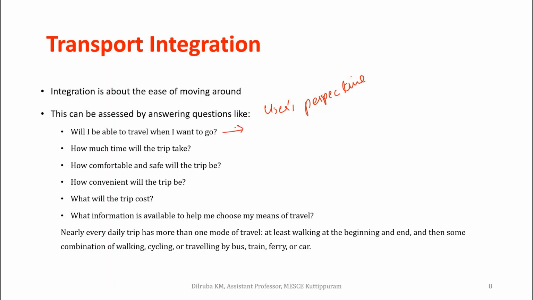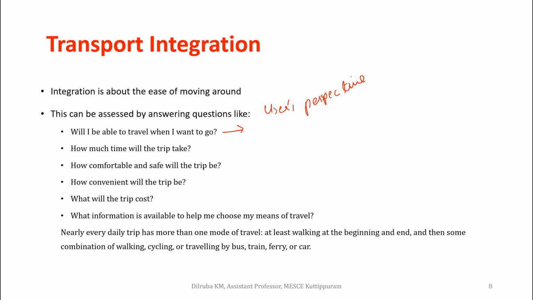So can we move when we need, and how much time will the trip take, how comfortable and safe will the trip be, and how convenient will the trip be, and what will the trip cost, and what information is available to help me choose my means of travel. So by answering all these questions, we can see the integration of transportation.